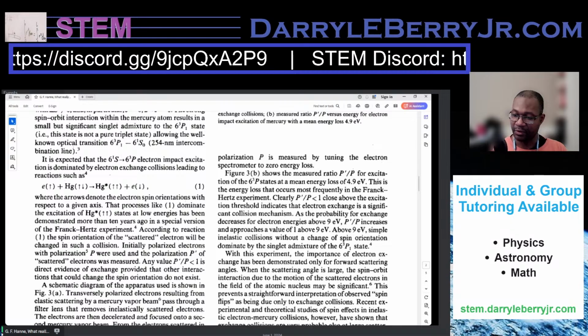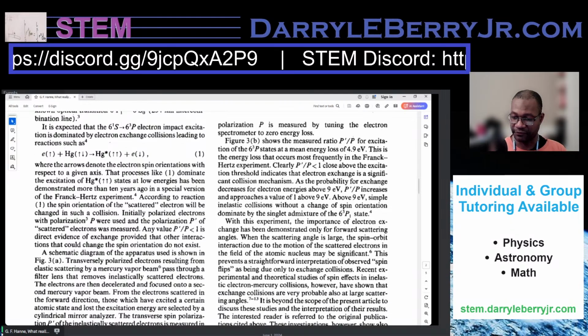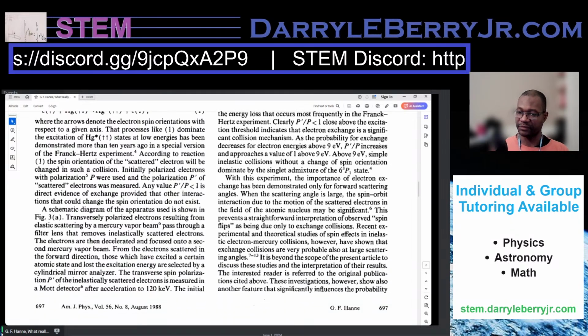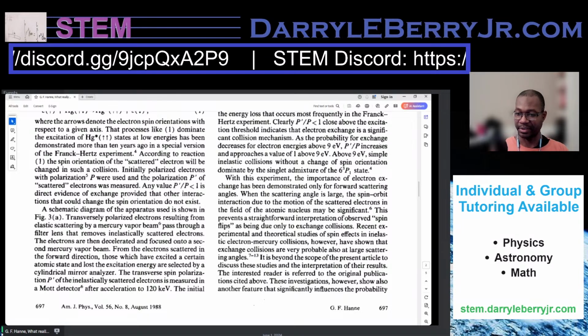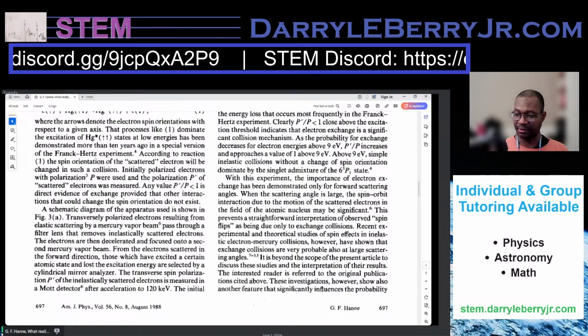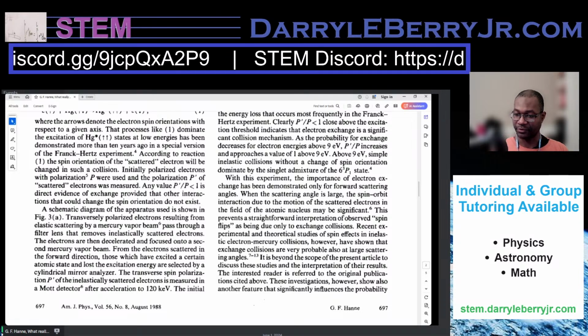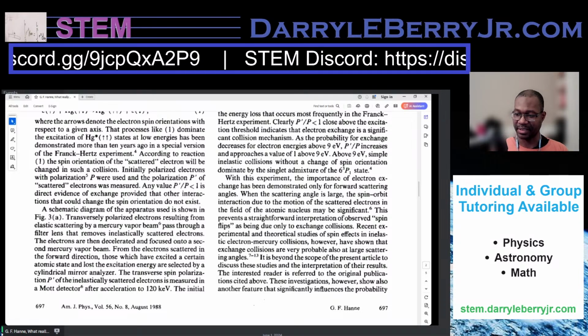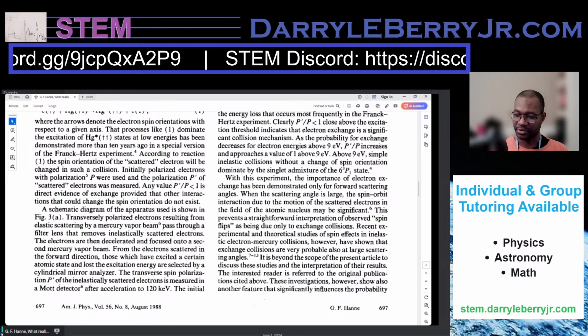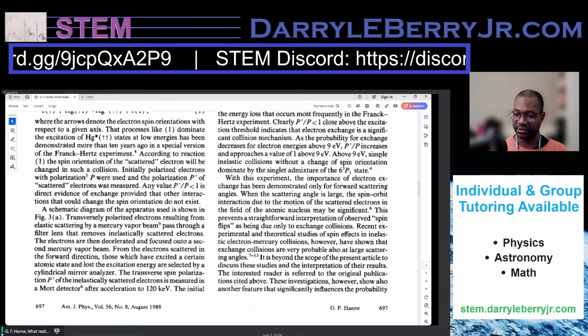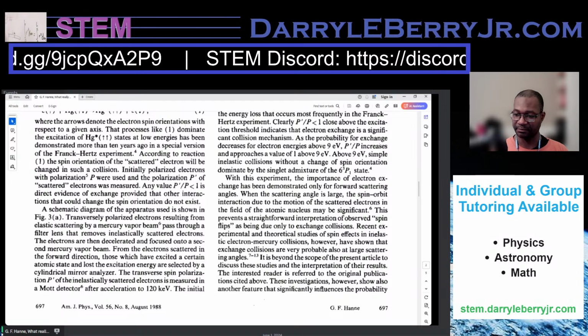A schematic diagram of the apparatus used is shown in Figure 3A. Transversely polarized electrons result from elastic scattering by a mercury vapor beam passed through a filter lens that removes inelastically scattered electrons. The electrons are then decelerated and focused into a second mercury vapor beam.